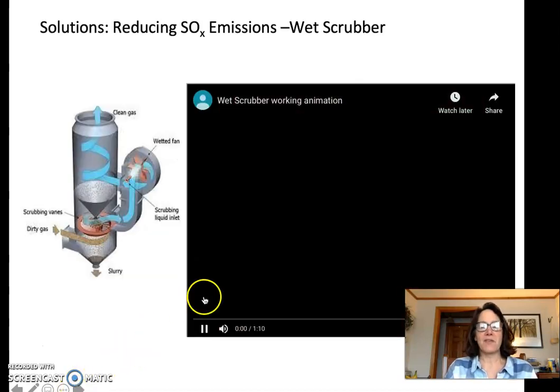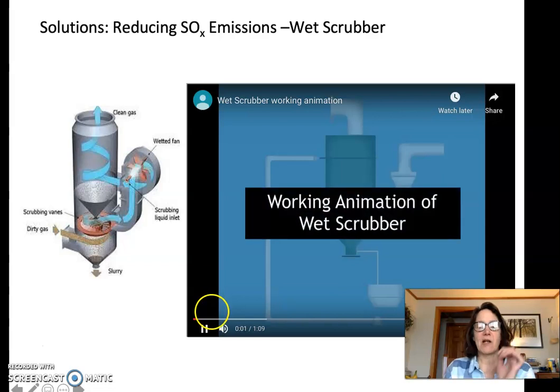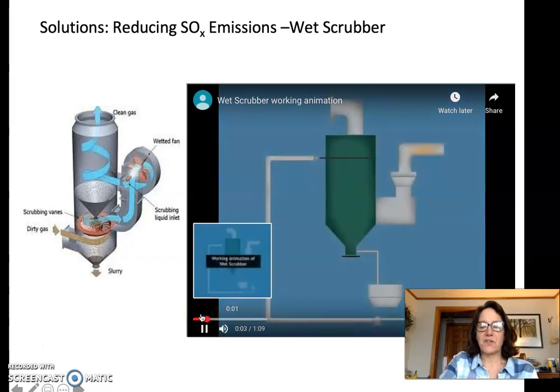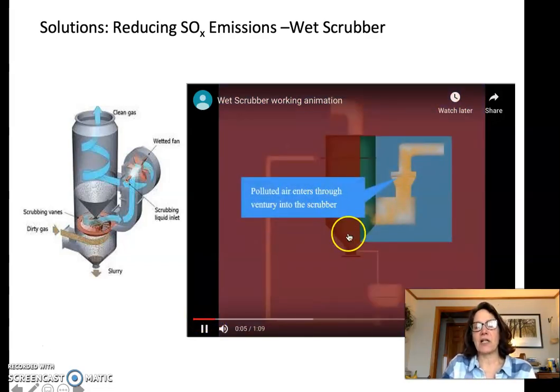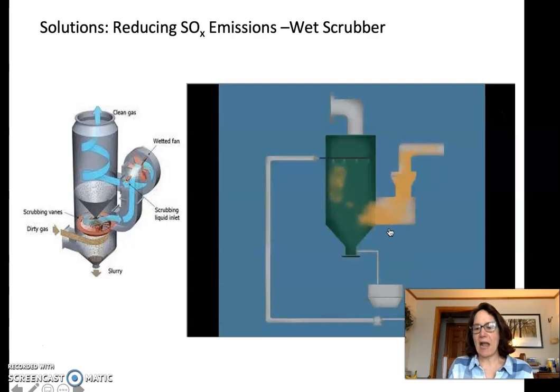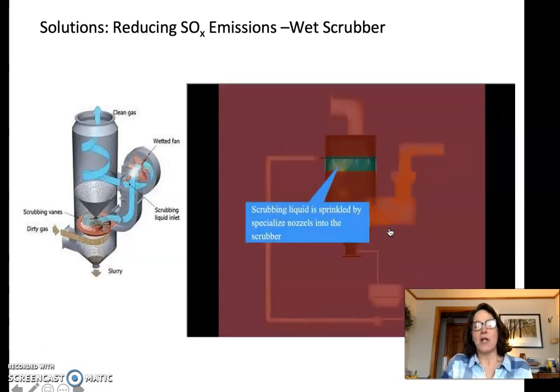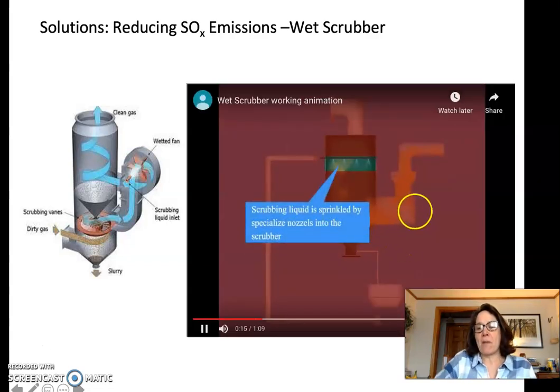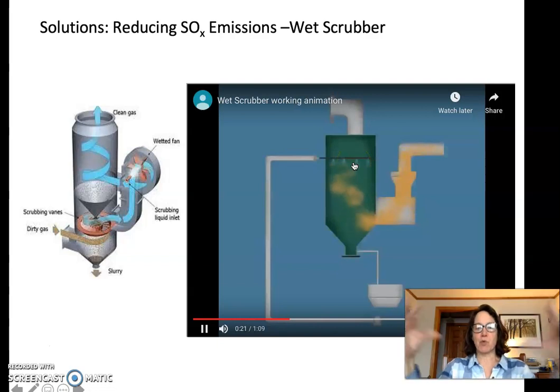And basically how a wet scrubber works, I'm going to describe as it's going through this little animation here. Sulfur and nitrogen oxides are what we call acid gases, because as you know, they can react with water vapor and form acid rain. So that gas comes into this big scrubbing system, and I'm spraying a mist.